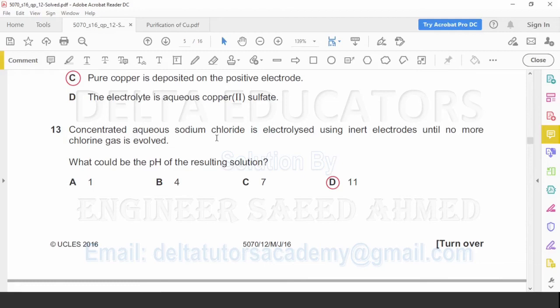For an alkali, the pH value is more than 7. Only in option D the pH value is more than 7, that is 11. So the pH value of the resulting solution will be 11 because the resulting solution is an alkali. So the correct option is option D.